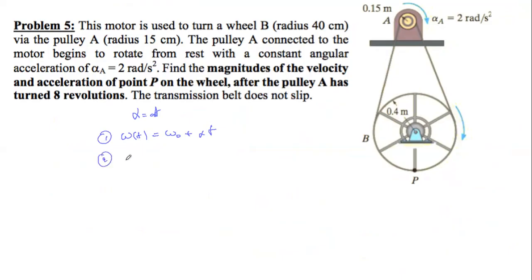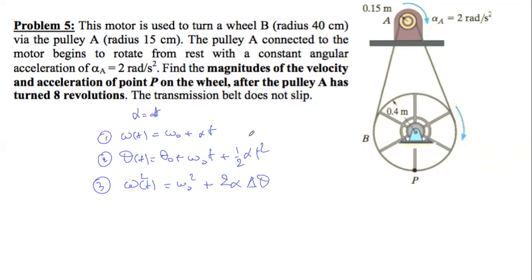Equation 2 will be basically theta at any time is theta 0 plus omega 0 t plus half alpha t squared. And equation 3 is omega at any time squared is omega 0 squared plus 2 times alpha delta theta. We have used this one because I did not give you the time, but I gave you delta theta. So you can know what is omega after 8 revolutions.